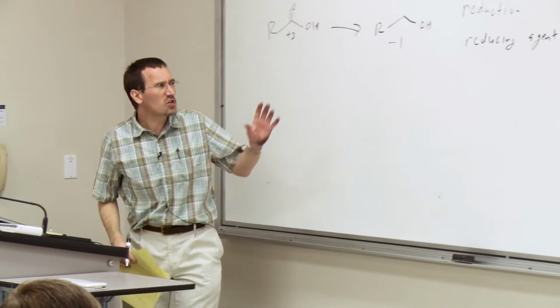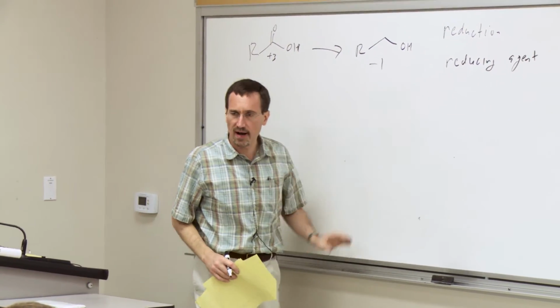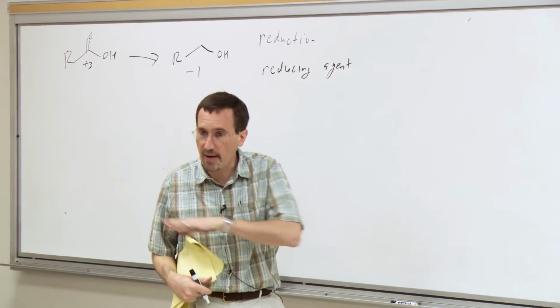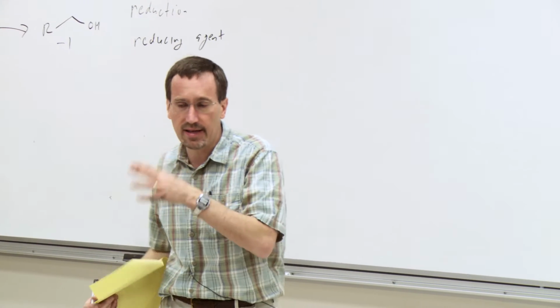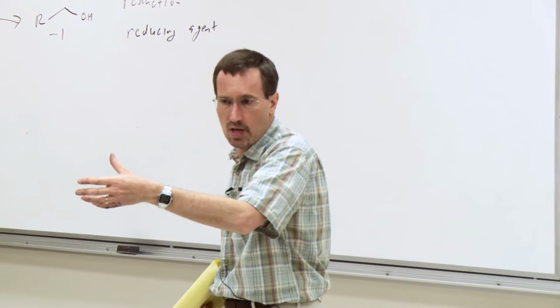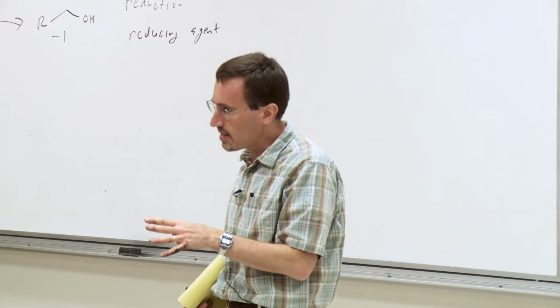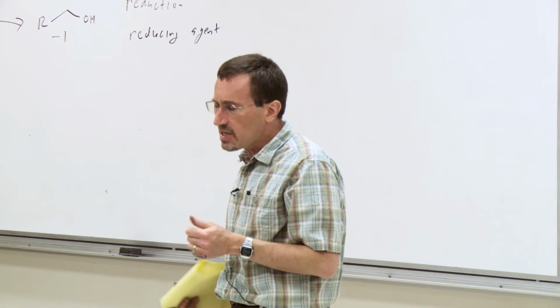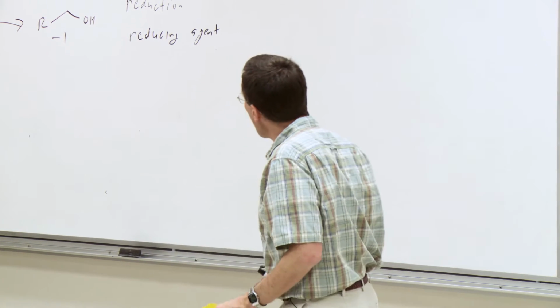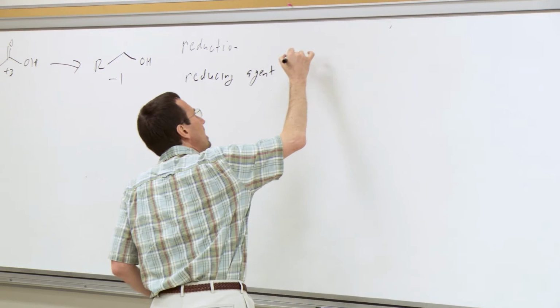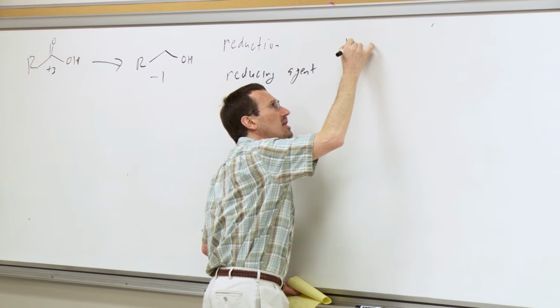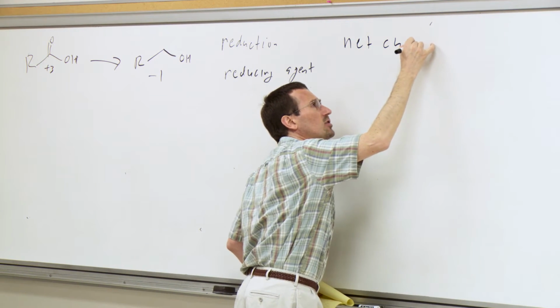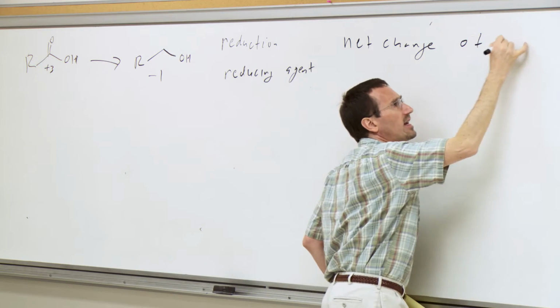And of course, I'm talking more than just carboxylic acids. I'm talking about the whole family, esters, lactones, the whole thing. What's interesting about this is you also are looking and saying, oh, wait a second, there's a net change of -4.